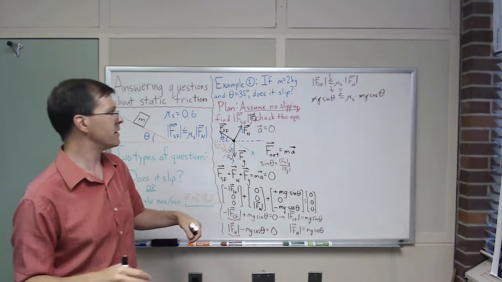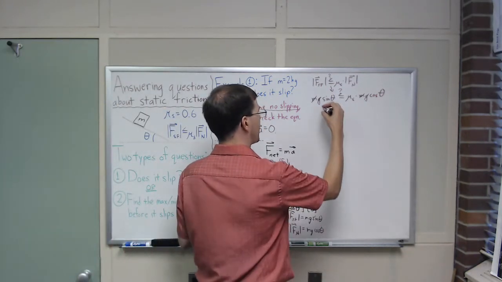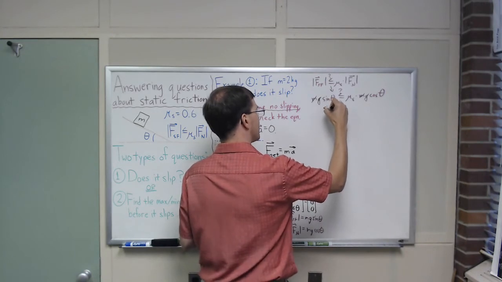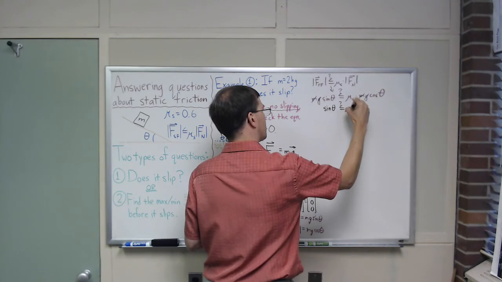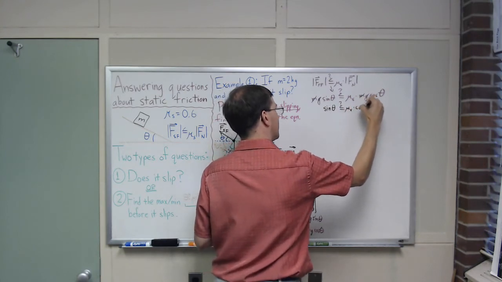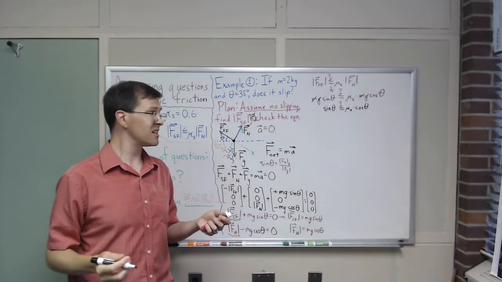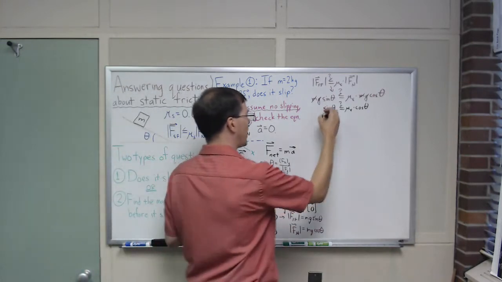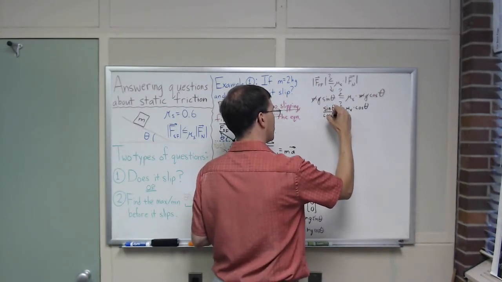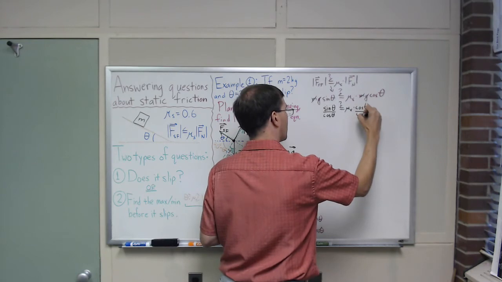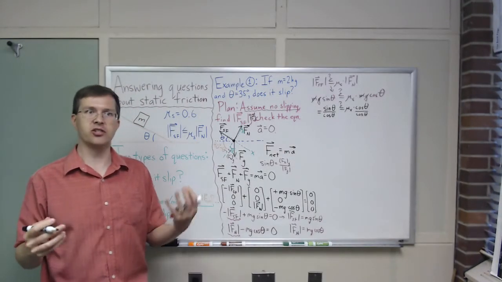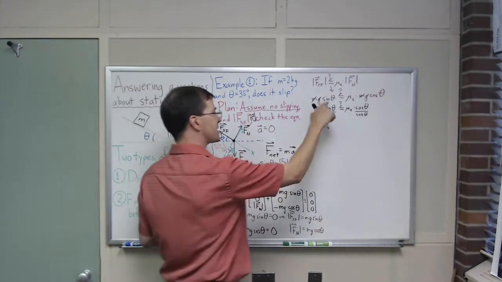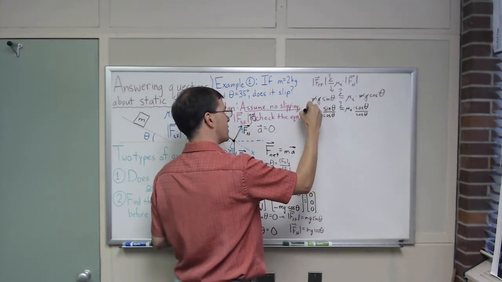That is common. So this is reduced to asking a question, is sine of theta less than or equal to mu s times cosine theta? That still sounds messy, and it is. Here's what you do. Just divide both sides by the cosine. Because one of the few trigonometric definitions or identities you should know is that sine over cosine is tangent.